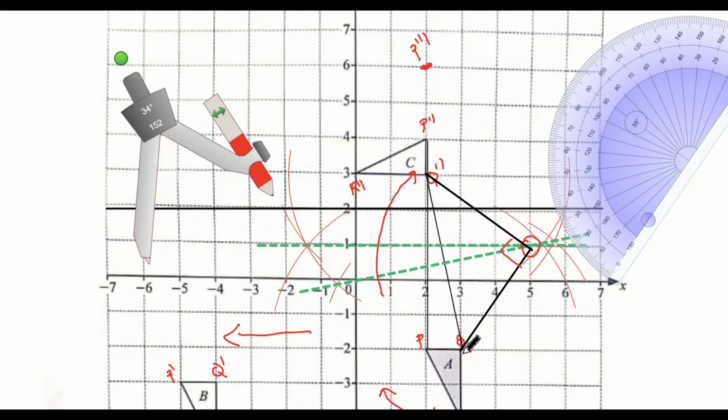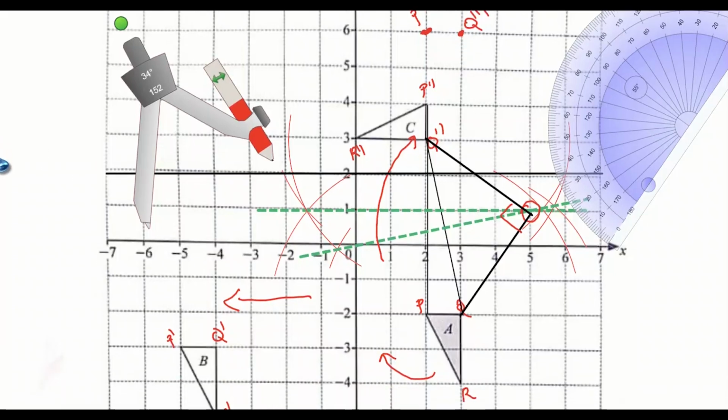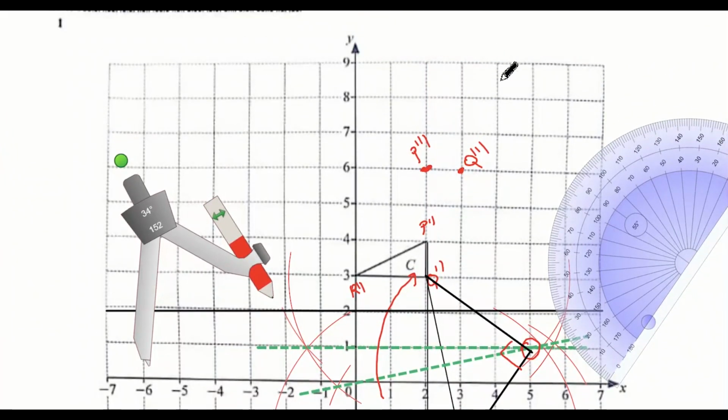So let's go to point Q, 1, 2, 3, 4, and 1, 2, 3, 4, so it should be here, so this will be Q triple prime. The last one is point R, 1, 2, 3, 4, 5, 6, so we need to go up a little bit, to be 4, 5 and 6, so this will be R triple prime.